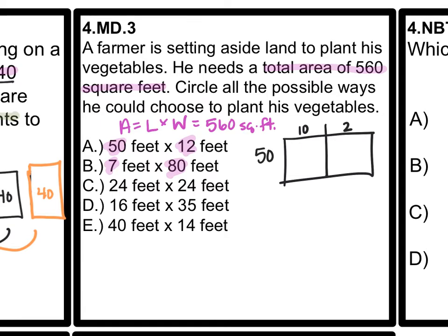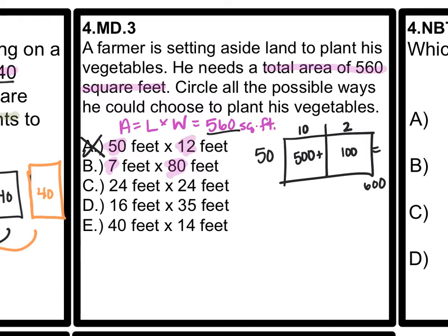So 50 times 10 is going to be 500. And 50 times 2 is 100. My last step is to add up 500 plus 100, which gives me a total of 600. So is this going to equal my 560 like I'm hoping for? Nope. So A is not a solution.